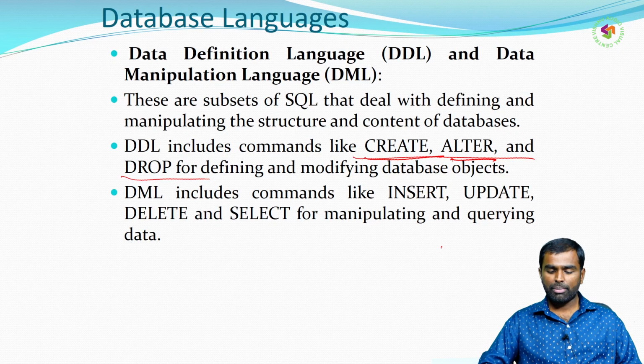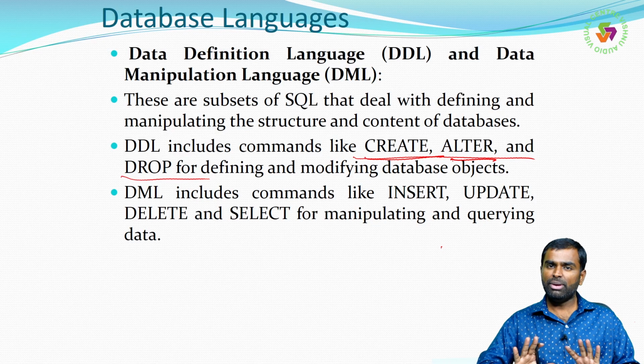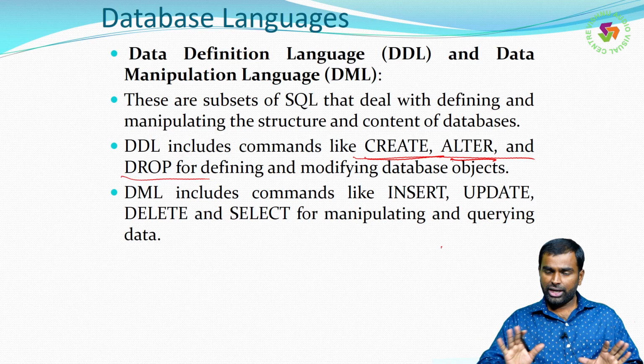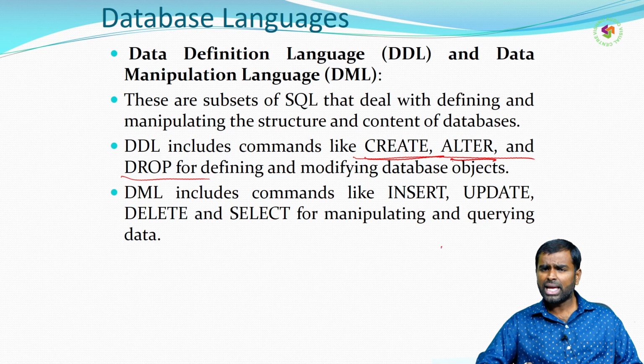So that is drop command. Using drop command, you can remove the complete table from the user space in the system. That memory can also be freed. So these are the basic DDL commands: create, alter, drop.